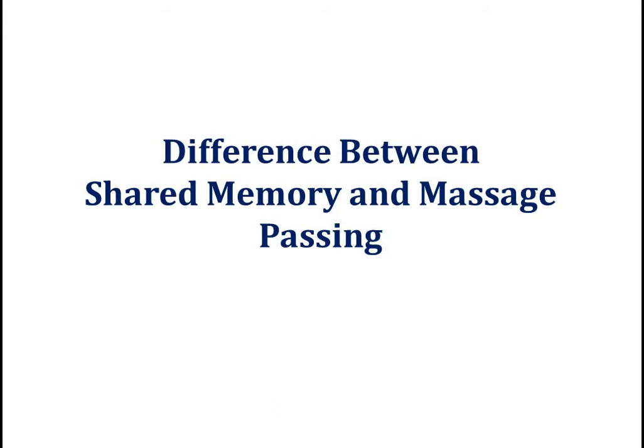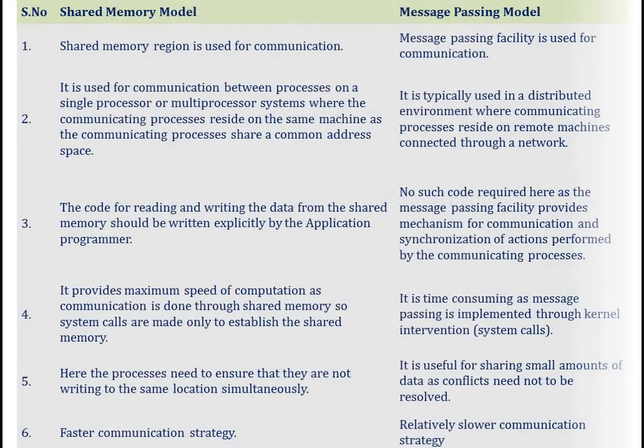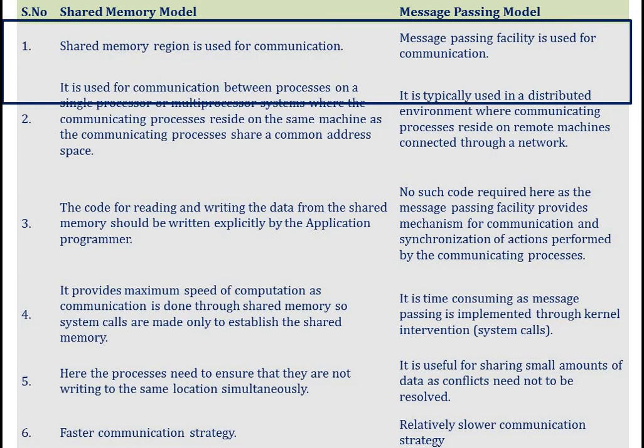Now let's see the very important topic, that is the difference between shared memory and message passing. Okay, so let's start. Shared memory and message passing, both facilities are used for communication.